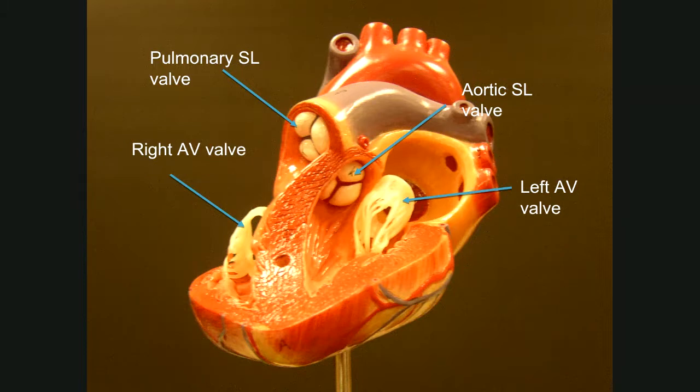Now, we haven't done this yet, but this is an artery called the aorta. And so that valve is located right there, the very beginning of the aorta. And this valve is located right here in the middle, in the beginning of this artery, and this is the pulmonary trunk.